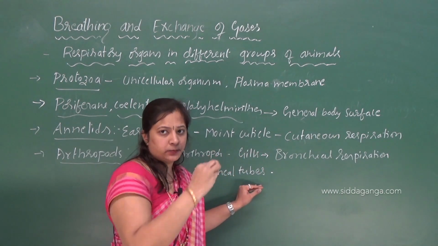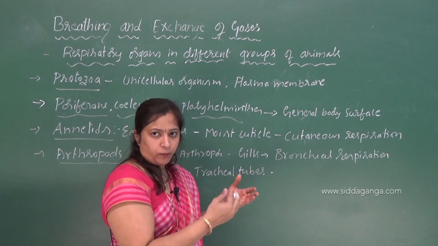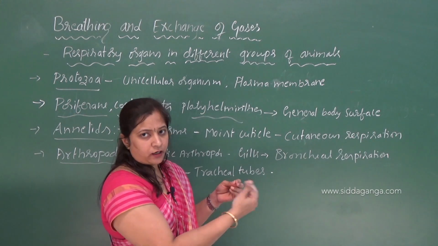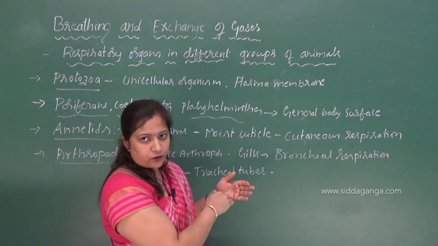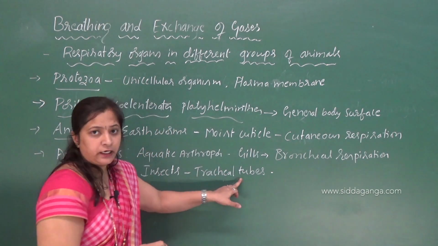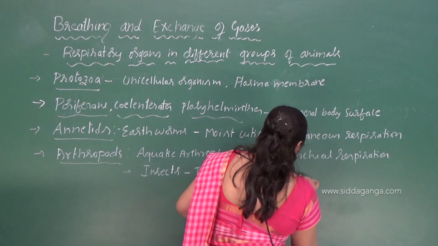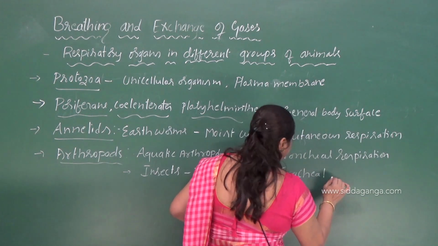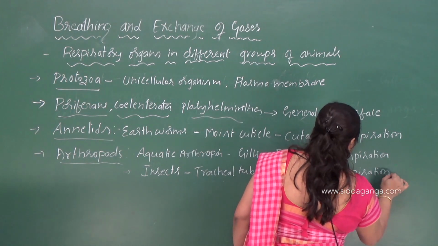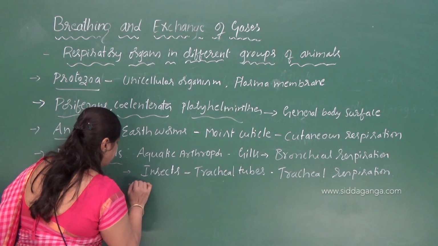That is called a spiracle. Okay. So it is through that opening, through the spiracle, that the atmospheric air will enter into the body. So here the respiratory organs are the tracheal tubes and the type of respiration is called tracheal respiration. Tracheal respiration.